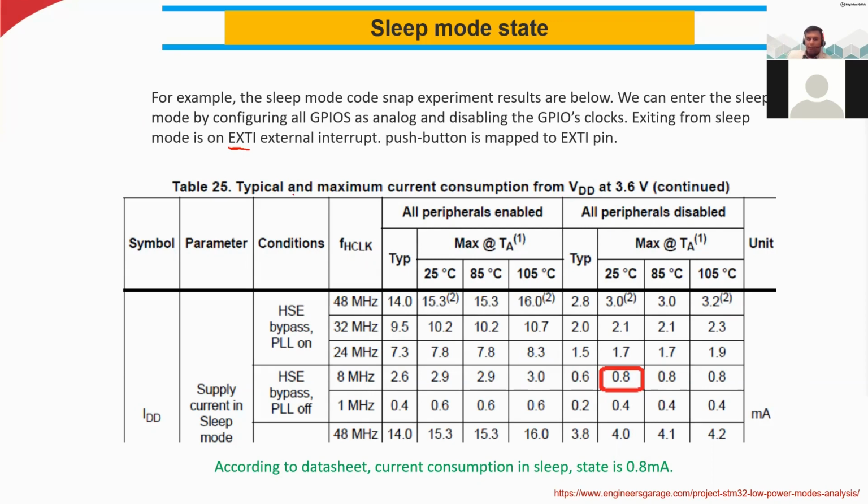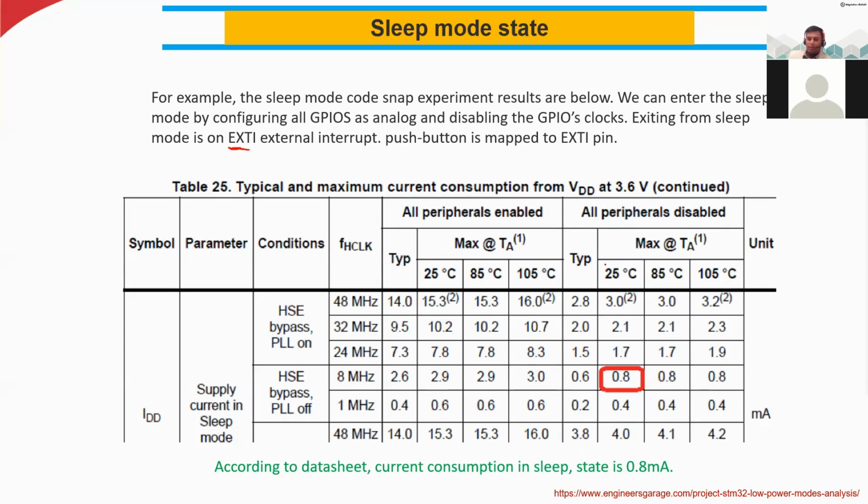The typical and maximum current consumption during the sleeping mode is given here. It's available in the table. Here you can see that in the sleeping mode the power consumption is much lesser.